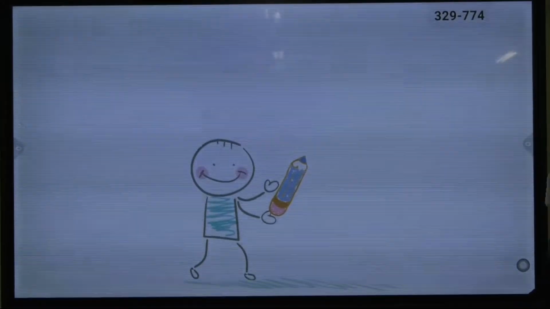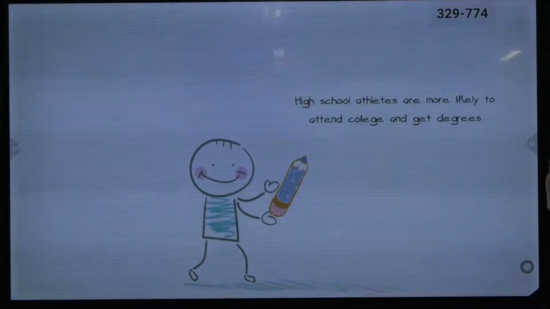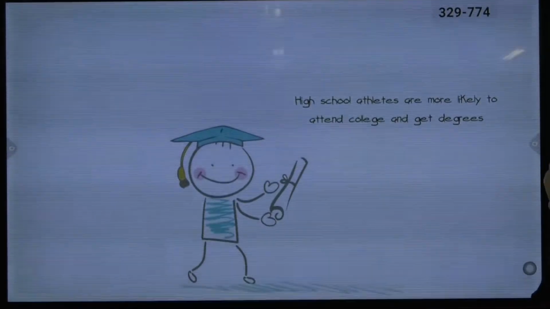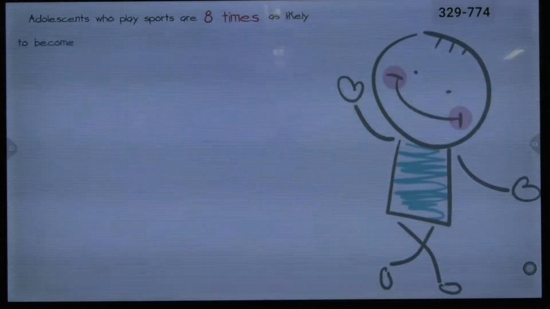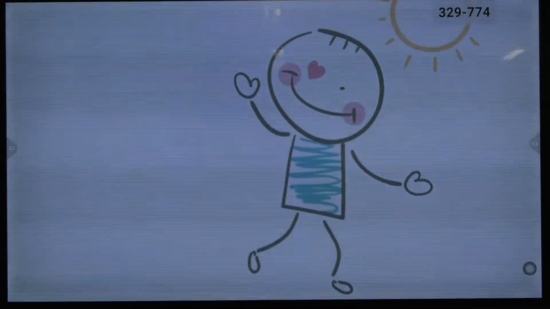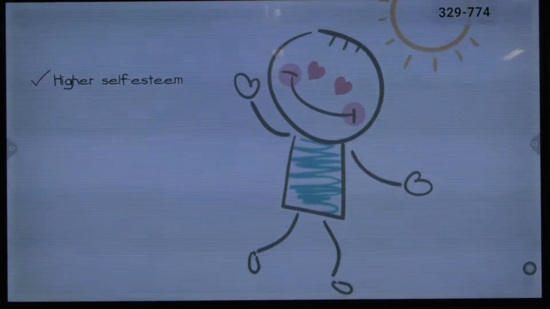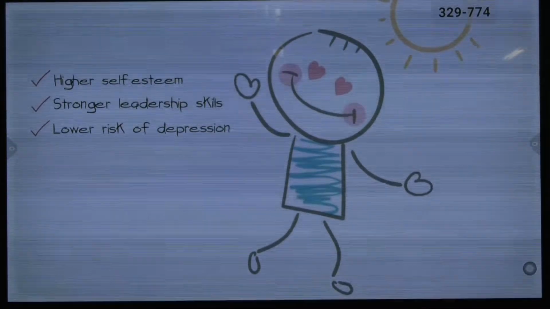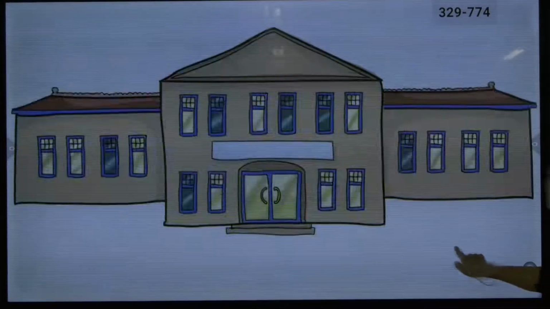What's more, high school athletes are more likely to attend college and get degrees than non-athletes. And studies have shown that adolescents who play sports are 8 times as likely to become active young adults. And young adults with higher self-esteem, stronger leadership skills, and a lower risk of depression than youth who are not as active. Community recreational.